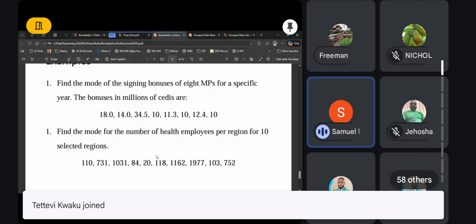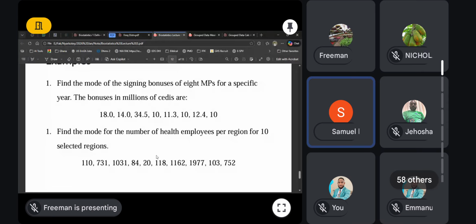Okay, so there's no mode. Yes, there's no mode at all. Your voice is far. Is it better off? Yes. There is no mode, so it's as simple as that.